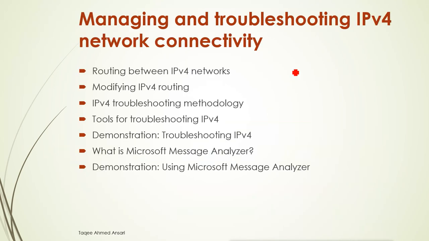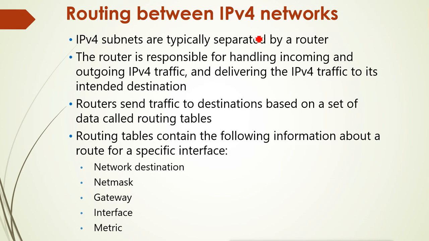Now, managing and troubleshooting IPv4 connectivity for routing between IPv4 networks. IPv4 subnets are typically separated by routers. If we have two or three subnets, they will be separated by routers, because only a router can do the communication between two separate IP networks.